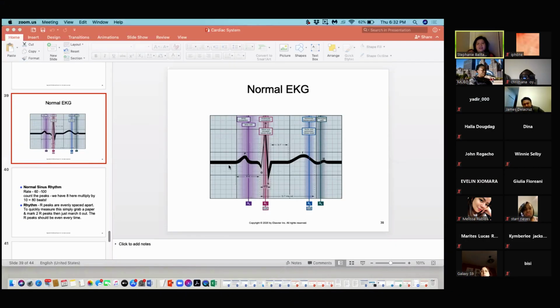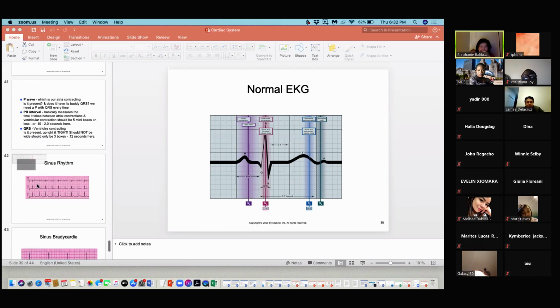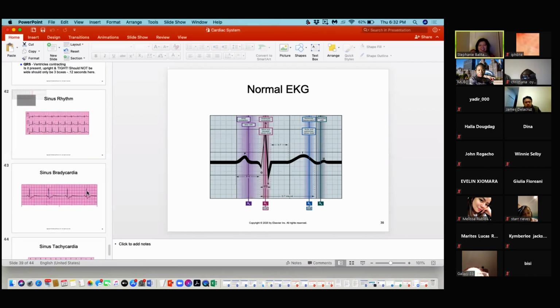So this is your normal EKG, right? P, Q, R, S, and T. Remember earlier we were talking about ST elevation. Anyway, here this is better.